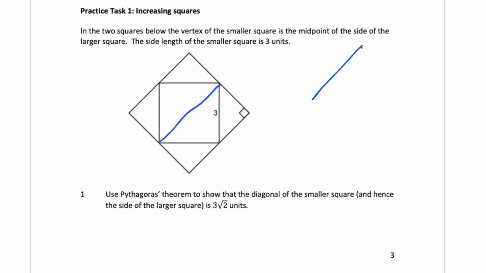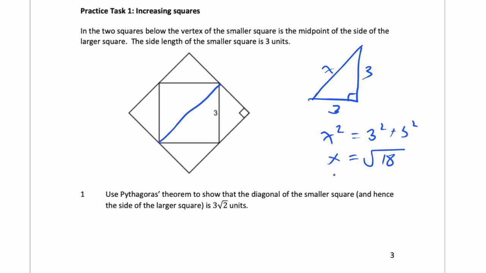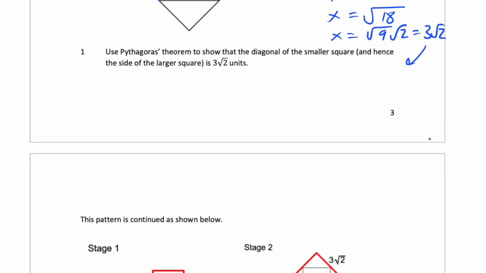Maybe we can draw this over here. We've got a right triangle with 3, 3, so we'll call it x. X squared equals 3 squared plus 3 squared. X equals the square root of 18, which is root 9 root 2, and 3 root 2. So we've just shown that it is 3 root 2.